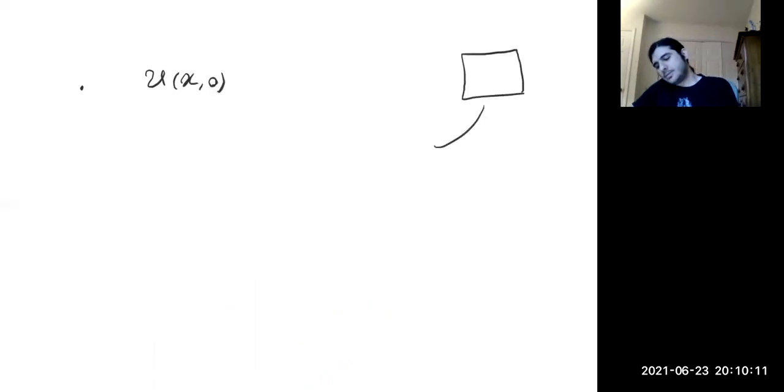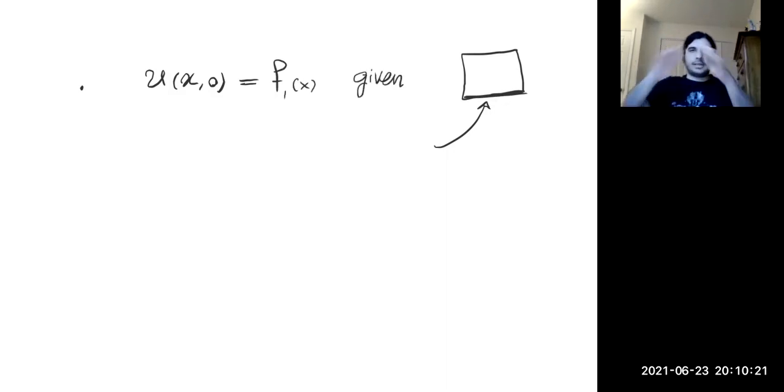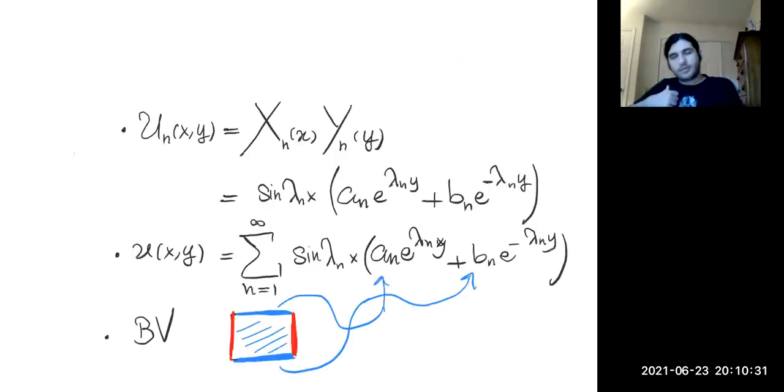Okay, let's write down the other boundary value conditions we have here. So one of them is u of x and 0, where y is 0. We said suppose this is equal to f1 of x for some given function f1. F1 is given. We want to see what this tells us. If I go back here, I know what u of x and y is.